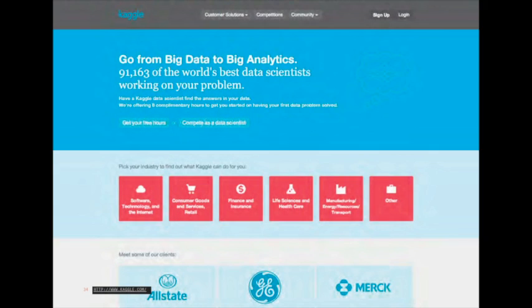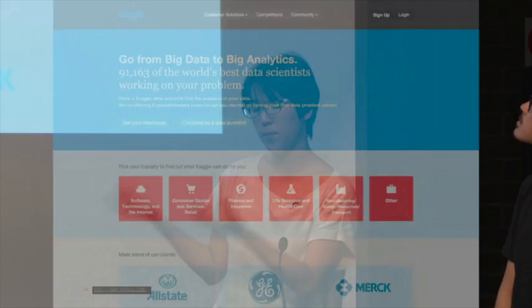Another example is Kaggle, which brings together people who have really, really big data sets. Big data is a little bit of a buzz term, but these people who have very large stores of data are brought together with data scientists and data visualization people to try and, for instance, model or compute.